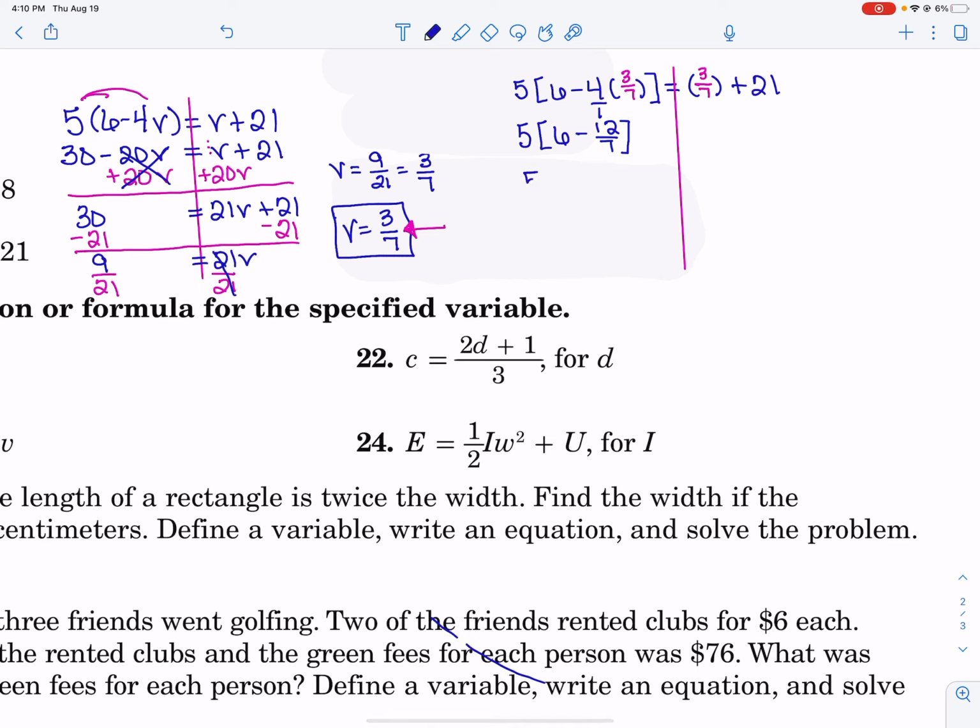So now I have 5. Well, they have to have a common denominator. So this one right now is currently over 1. Okay, but I need it to be over 7. Oops, what did I do there? 4 times 3 is 12 over 7.